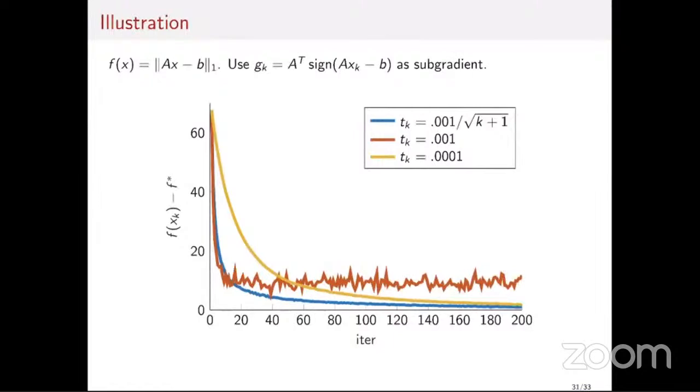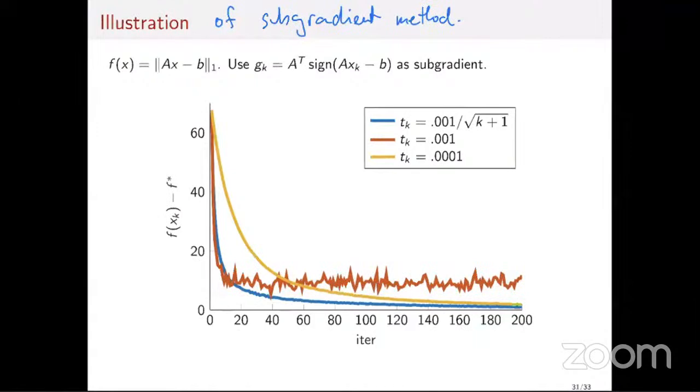What I have done here is apply the subgradient method, on the problem of minimizing the L1 norm of Ax minus b.